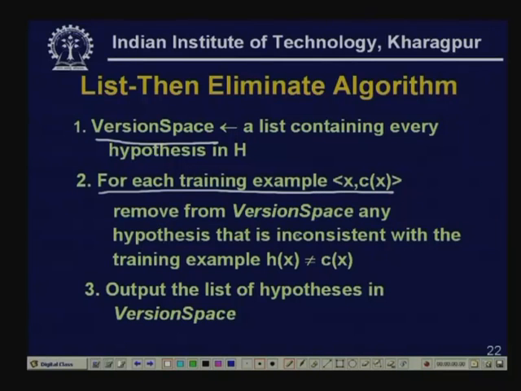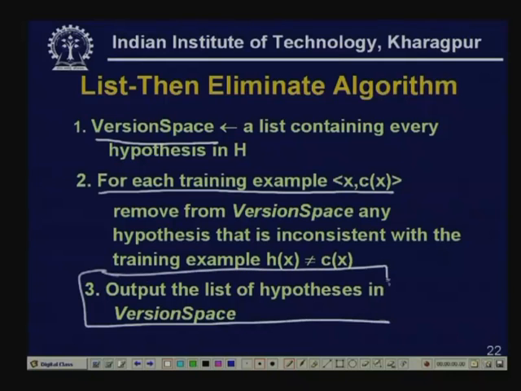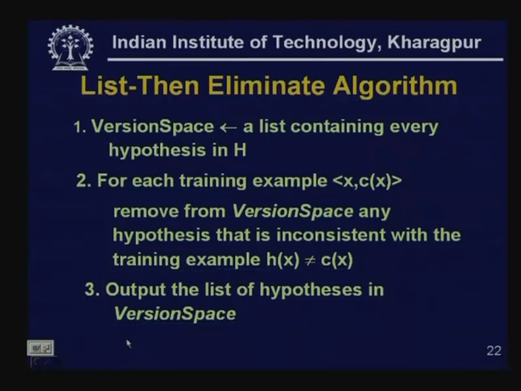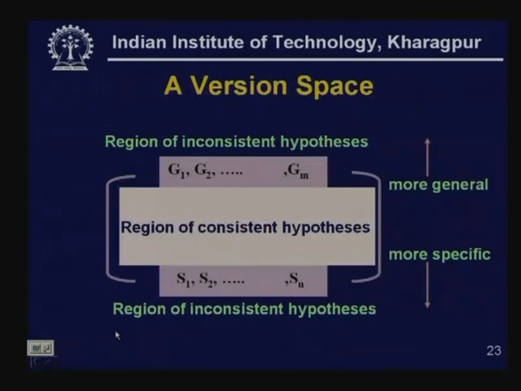We remove from the version space any hypothesis inconsistent with the current training example. And at the end, we output the list of the hypotheses remaining. So, this is the basic version space algorithm. And obviously, as you can see, this algorithm is not practical because the number of such hypotheses is very large.